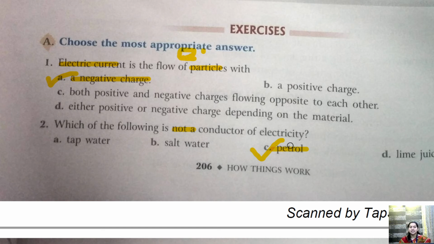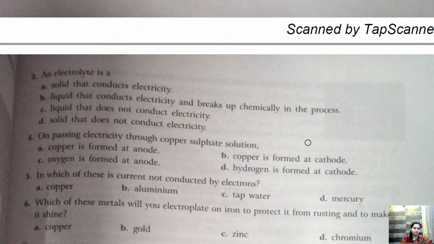Okay, it is just a carbon compound. Petrol is nothing but a chain of many carbons. So what is the correct answer? Correct answer is petrol. Petrol does not conduct electricity.